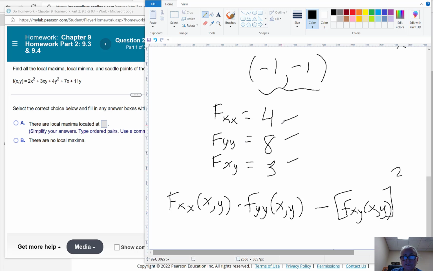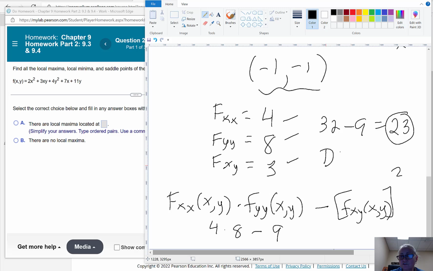So we get 4 times 8 minus 3 squared, that's going to be 9, and then that's 32 minus 9, which is 23. Now that's D.